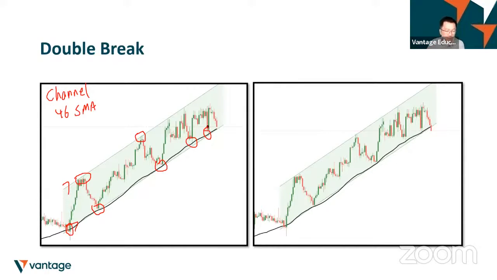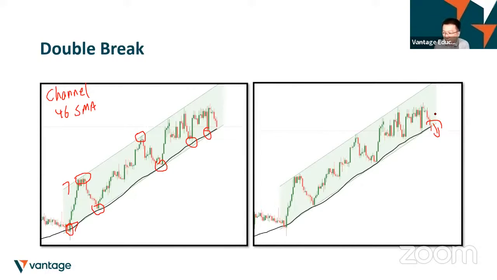Now to the chart on the right side, what would we expect when we see price break below both the lower end of the channel and also the 46 SMA? Is it going to be a strong move or a weak move towards the downside, or are we likely to see it bounce back up?